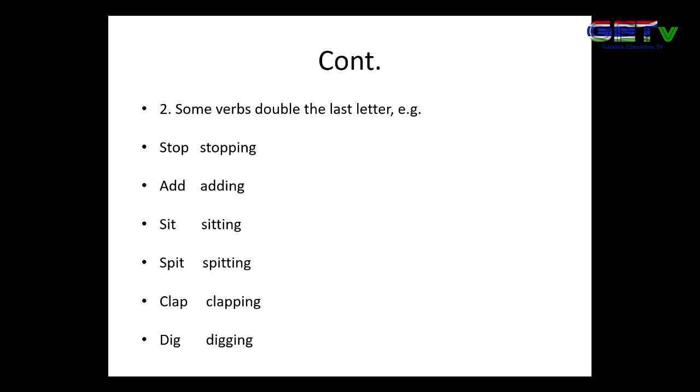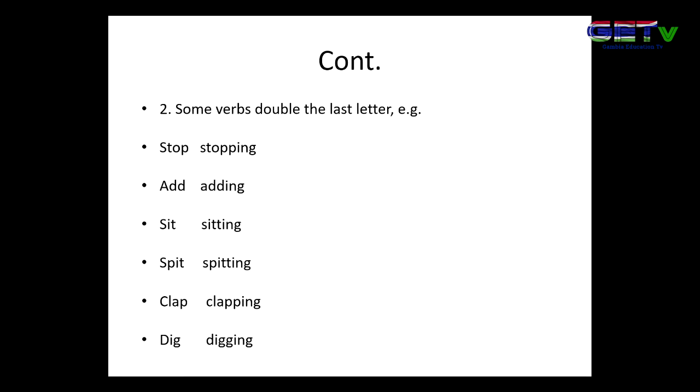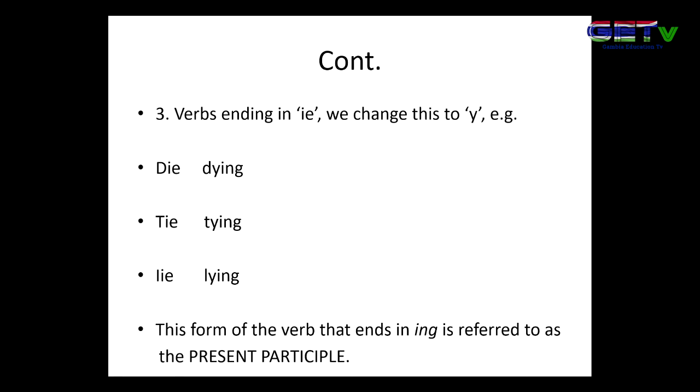Verbs that double their last letter are mostly verbs that end with consonants, like stop, sit, spit, clap, dig. These are verbs that double their last letter and then add ing.